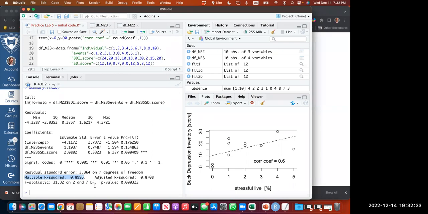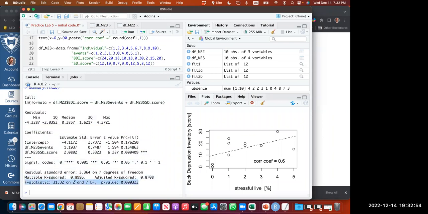This is quite common, and Excel, for example, by default, shows an adjusted R squared. So it's kind of a default setting for most statistical software.